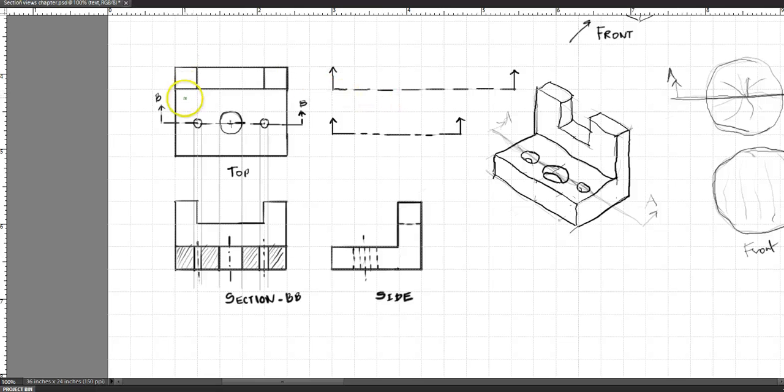Now sometimes in a case like this, you even want to show the center lines for the circles. If the cutting plane line and center line for the circle are on top of each other and are getting confused in the drawing, instead of having the cutting plane going all the way through, I could just end it right there.